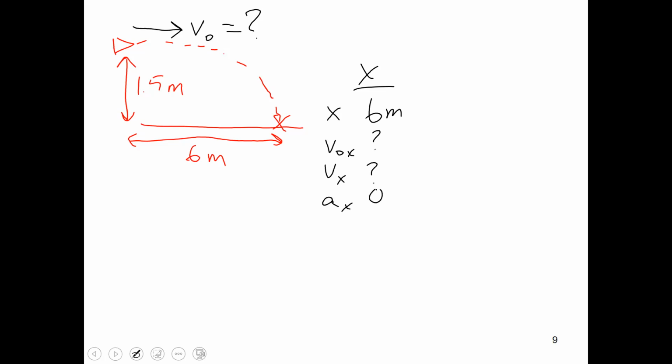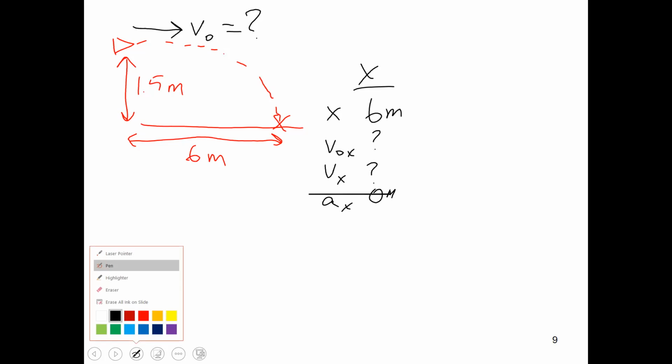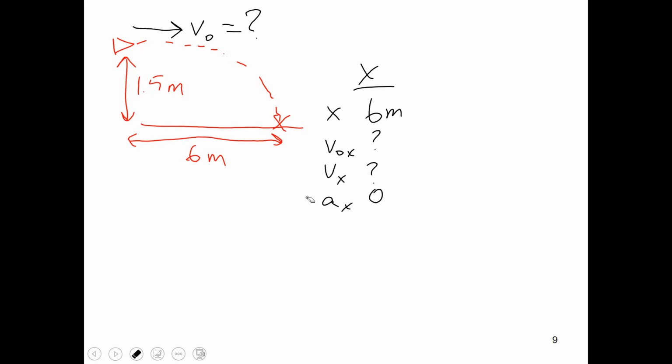It has no acceleration in the X direction. It's just a projectile. The only thing working on it is gravity. Okay, and how much time is it in the air? Well, I don't know.